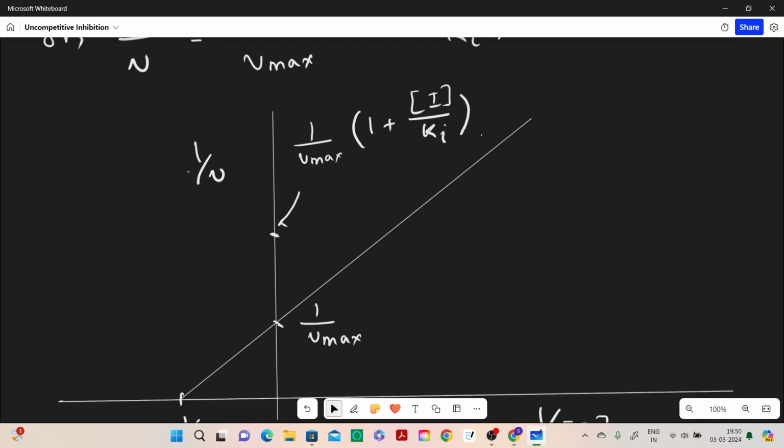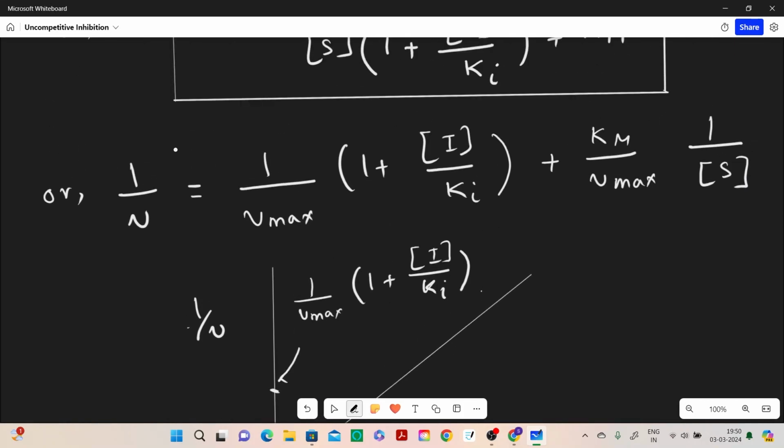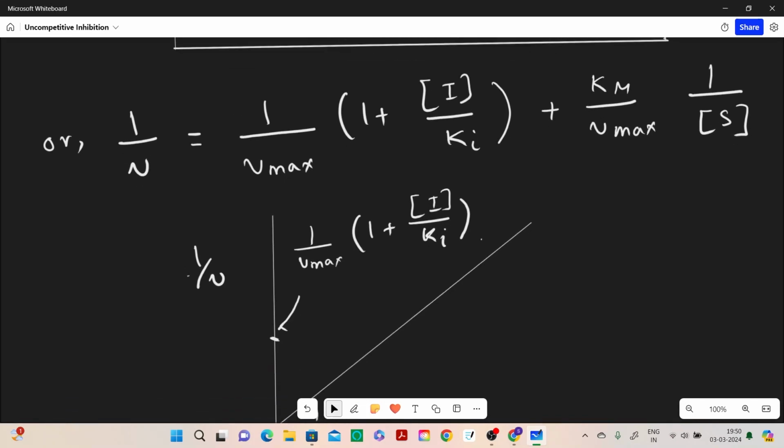Okay, now what happens when 1 by V is equal to 0, or we need to find out the x-intercept of this equation. It becomes 1 by S Km by Vmax is equal to minus 1 plus I by Ki by Vmax.